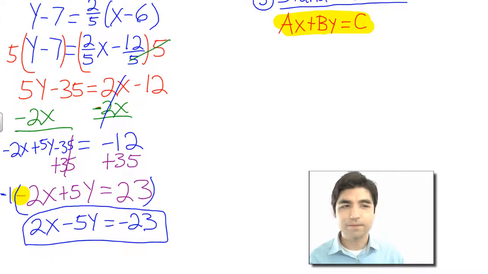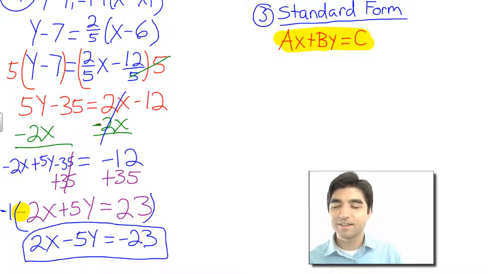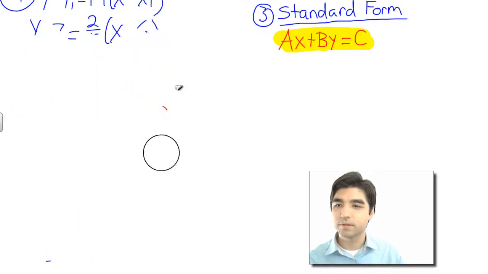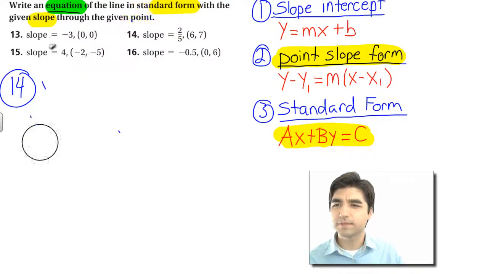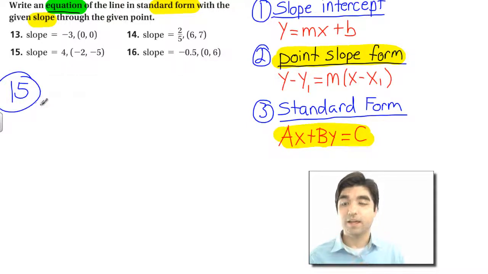And now, which one are we on? Oh my gosh, that was all 14. So let's go up to number 15. So on 15, you have a slope of 4 and a point of -2 and -5.